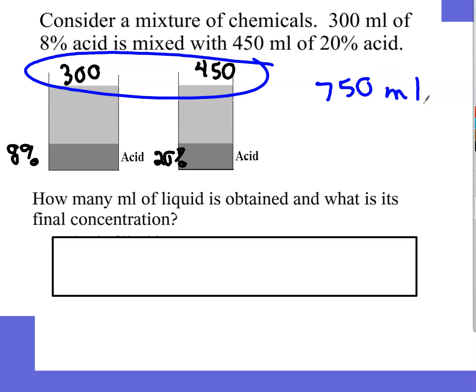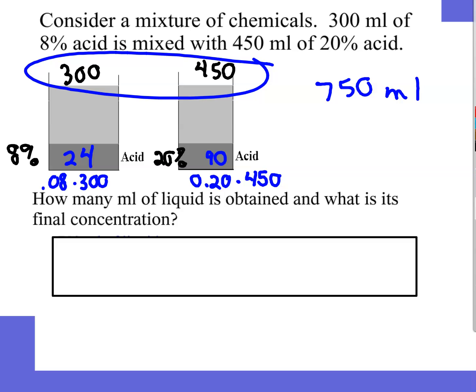Okay. Now, to find out the concentration of the acid, I need to know how much acid was in here and how much acid was in here. Well, this one is going to be 8% of 300. Okay. And 8% of 300, I believe, is about 24. Okay. And this one's going to be 20% of 450, which is 90.